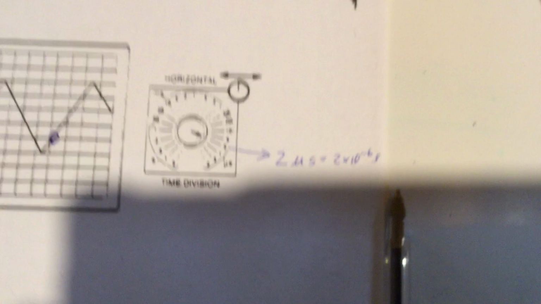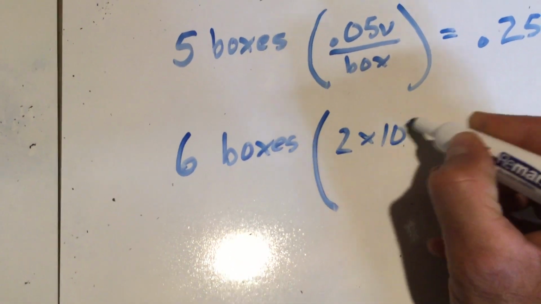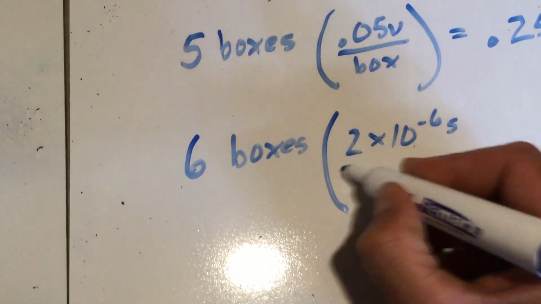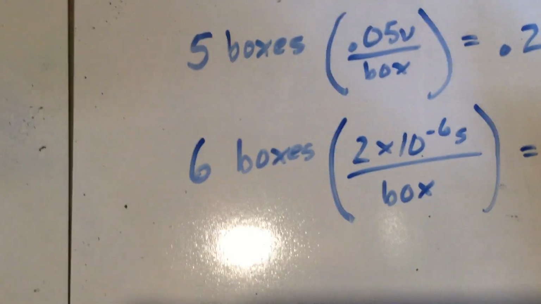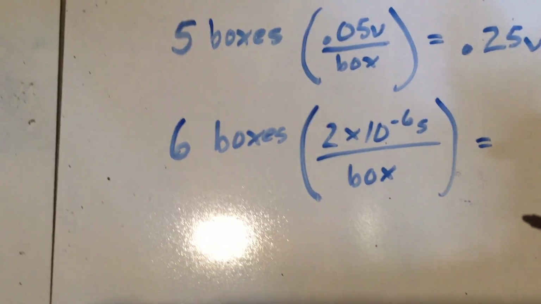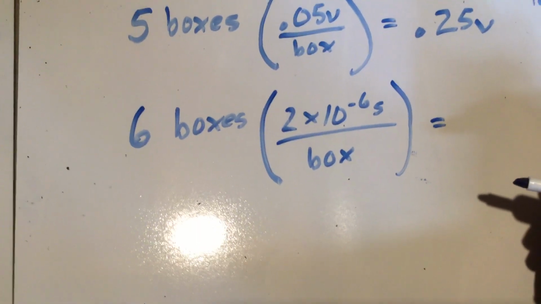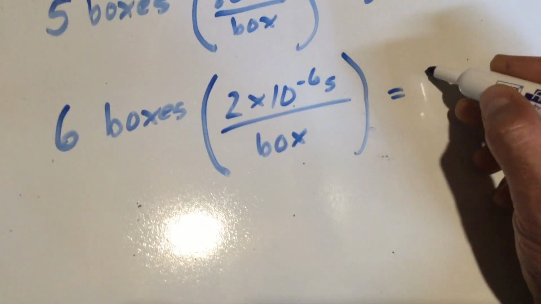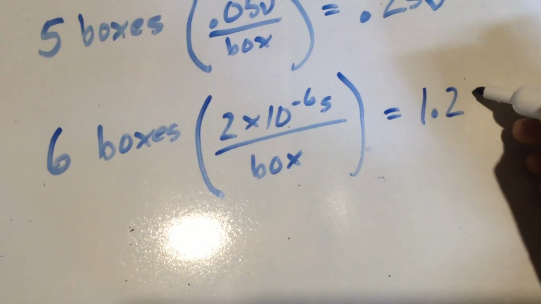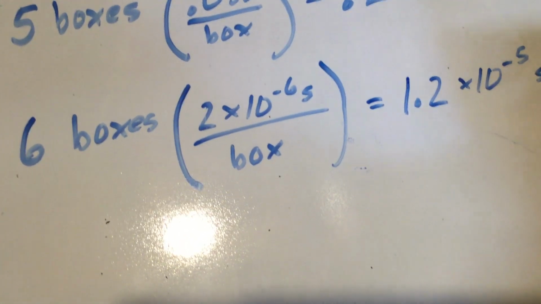Each box, remember from what we figured out a while back, is 2 times 10 to the negative 6 seconds. So each box is worth a very small amount. When you times 6 times 2 times 10 to the negative 6, you're going to get still a pretty small number. You're going to get 1.2 times 10 to the negative 5 seconds.